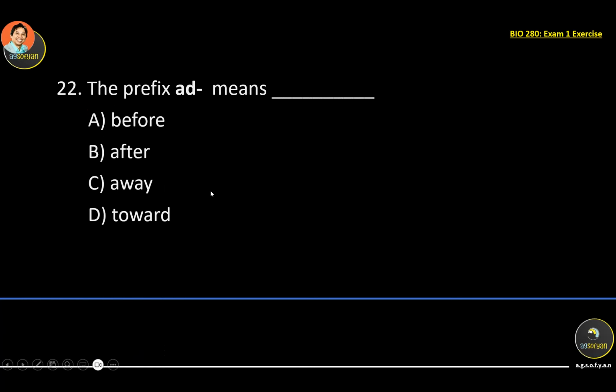The prefix ad means A, B, C, or D. For example, this is our body. When we move our arms from outside to inside, it is called adduction.